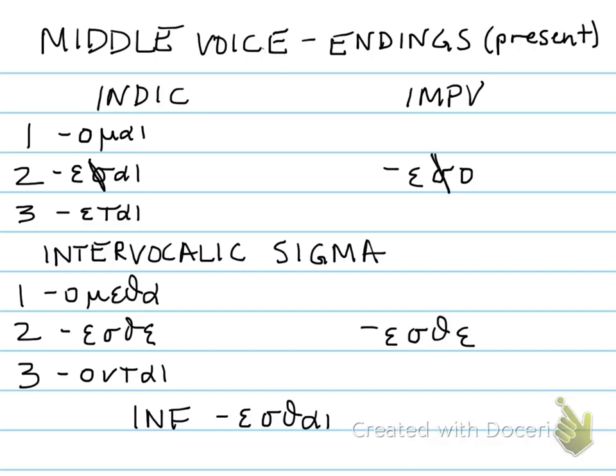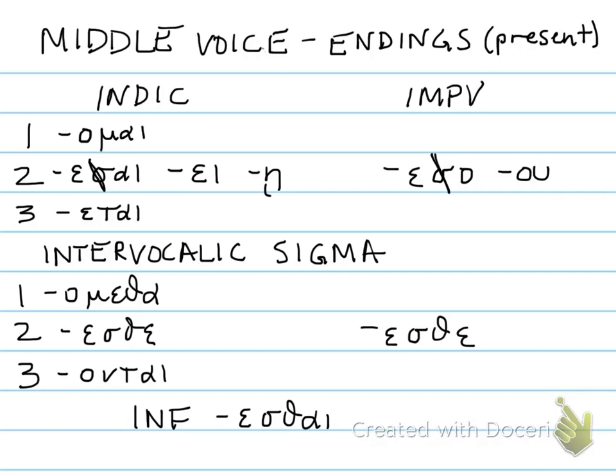So -sai, the second singular indicative, the sigma drops out and you get -eai. Those vowels then contract to either give you a with epsilon iota or a with eta and iota subscript. In the imperative second singular, -eso, the sigma drops out and epsilon omicron contracts to form u.